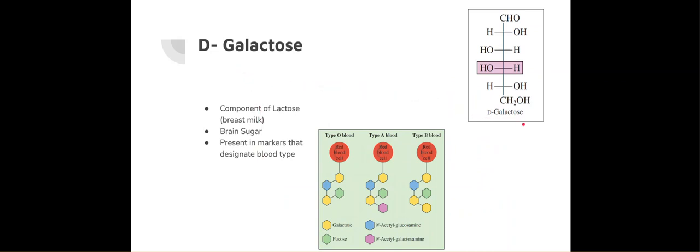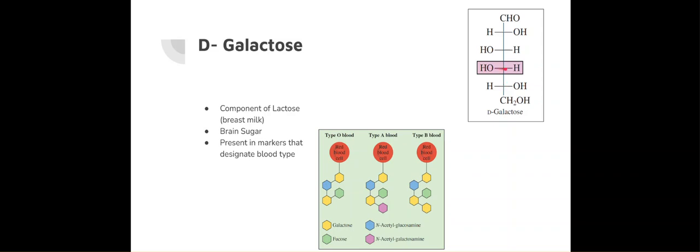D-galactose. Galactose has 1, 2, 3, 4, 5, 6 carbons in the chain. It's got an aldehyde group on one end, and you've got your hydroxy groups with an alcohol on the other end. It is in a D configuration because this is chiral, and this is to the right.